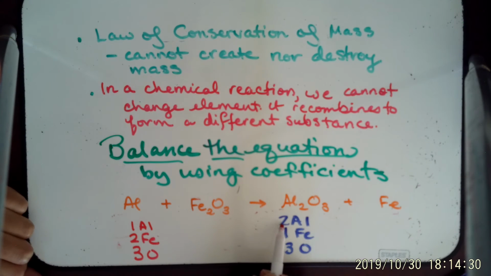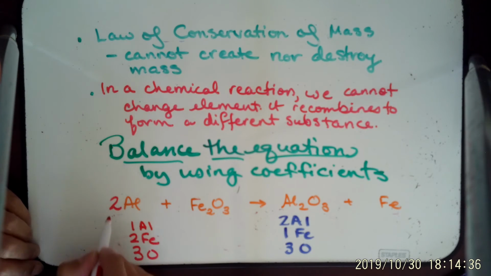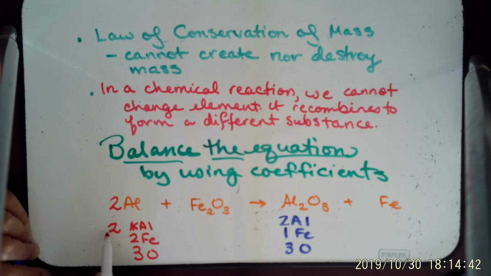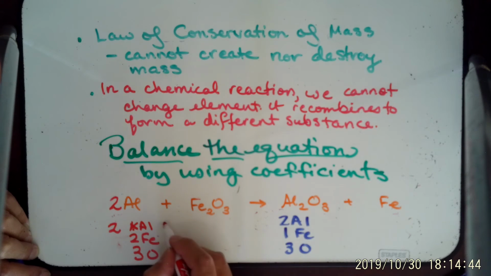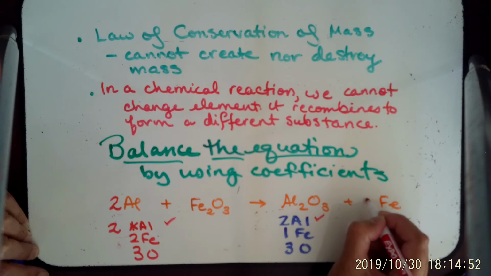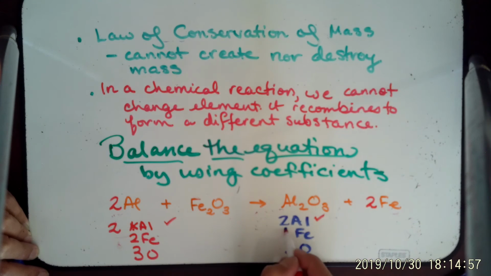I have 2 aluminums and I only have 1 here. So let's take care of my aluminums. If I put a 2 as my coefficient in front of aluminums, that means I have 2 aluminums, not 1. That means my aluminums are done. Here I have 2 irons, but I only have 1 iron here. So I'll put a 2 in front. That means I have 2 irons. That means my total is going to be 2.